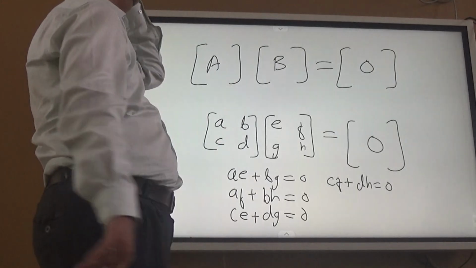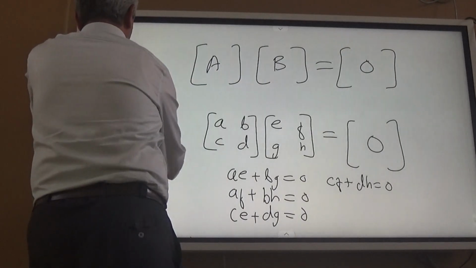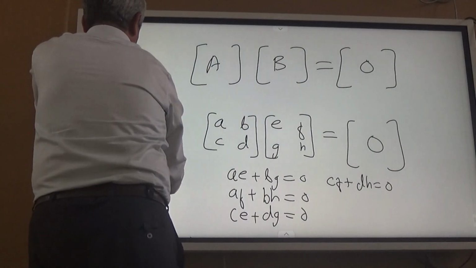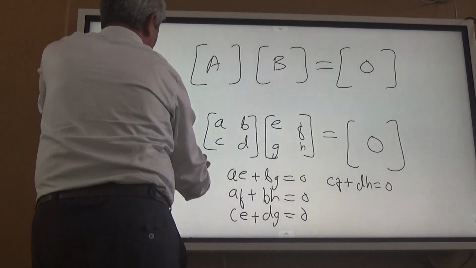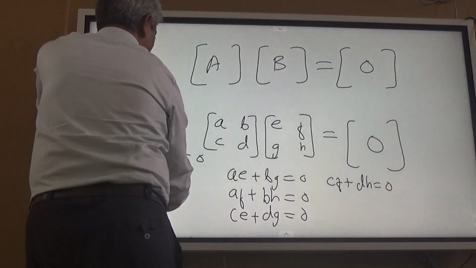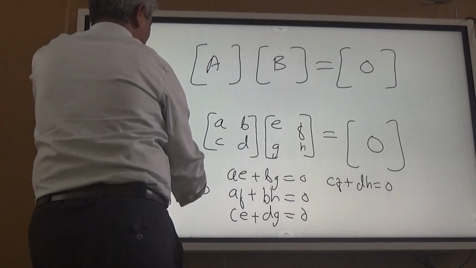Can this be possible if AD minus BC not equal to 0 and EH minus GF not equal to 0?